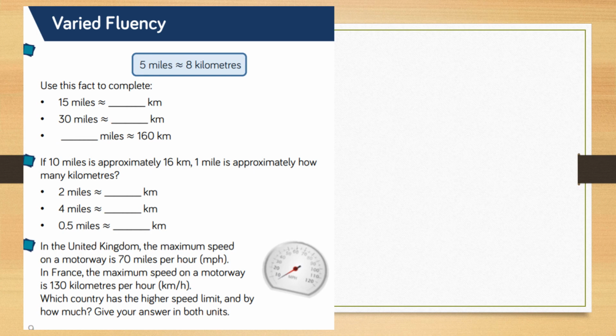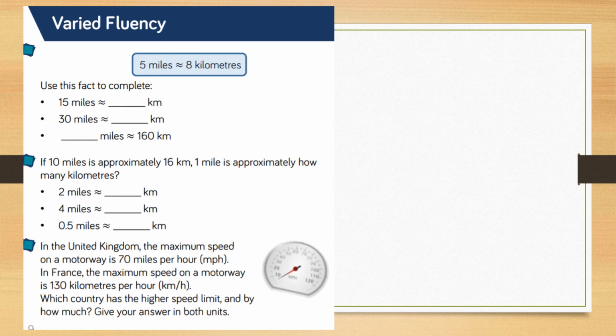So we know 5 to 10. 5 times 10 is 50. Okay, and then you know you need another 20 to get to 70. Okay, so then you need 5 times 4 would give you 20. So you've got 14 there, haven't you? So you're multiplying by 14.